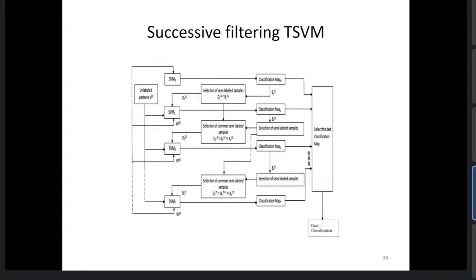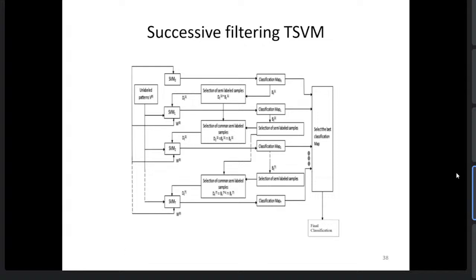So the number of training data is increased, and following this procedure we have created several SBMs. Then all the SBMs classify the actual data, and for the final classification we have used a routing method. This is the model in a nutshell.